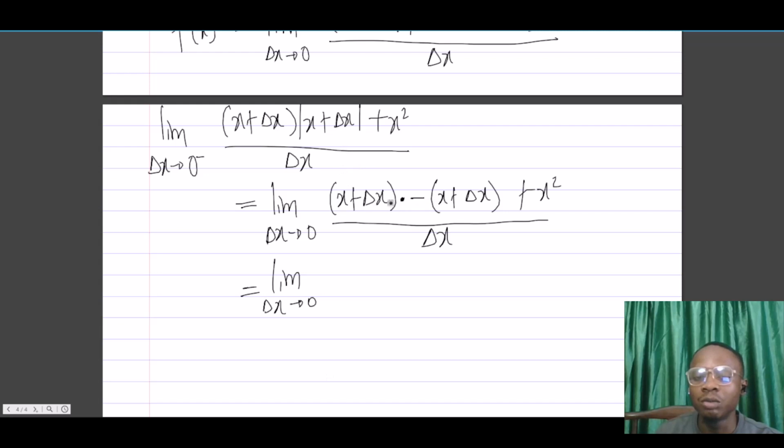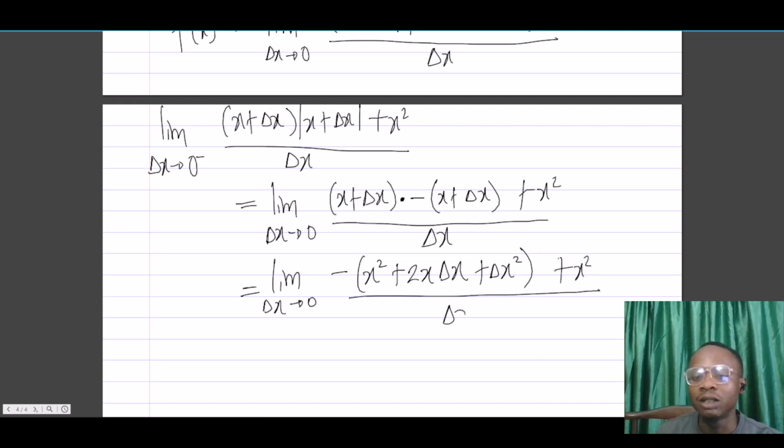When we open this up, this is going to be equal to x multiplying x, I mean minus is outside, so x multiplying x, that is x squared, x multiplying delta x, that will be x delta x. When we multiply the second time, it is like we're squaring this expression, so that will be 2 multiplied by x multiplied by delta x, then plus delta x squared, and then we have plus x squared, then everything divided by delta x.